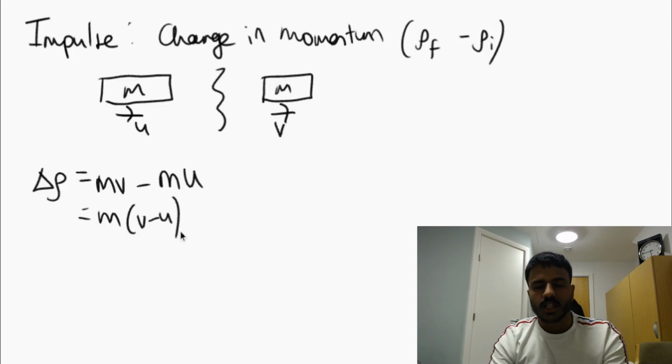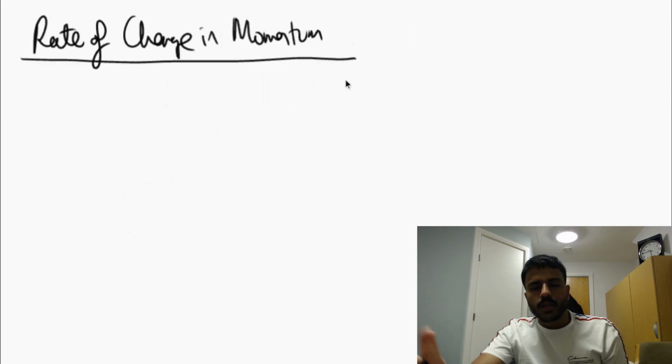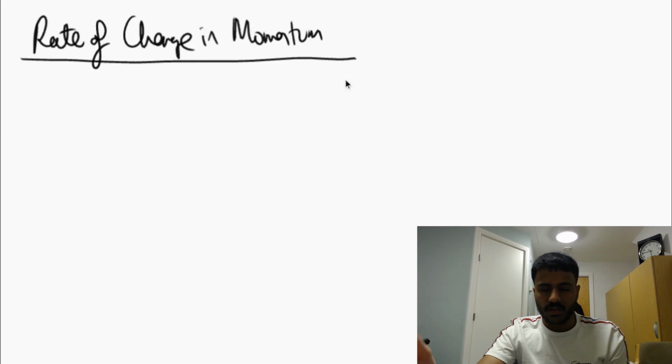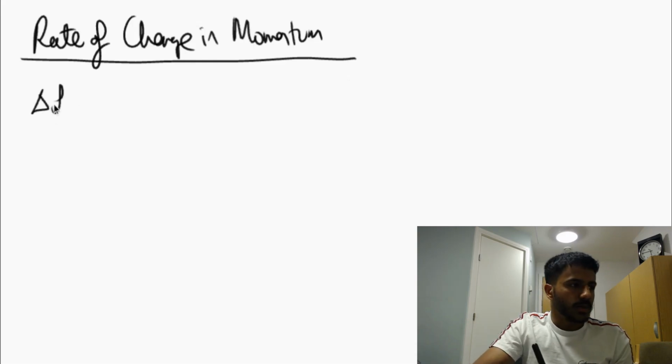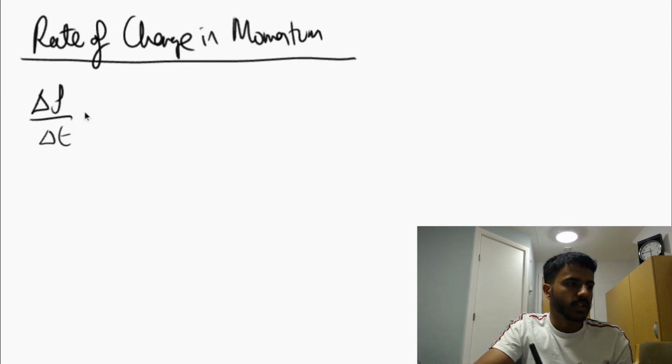Now, this is a definition that a lot of people often get wrong. Impulse is simply the change in momentum. Now, when you look at the rate of change in momentum, it is simply the change in momentum over the change in time, or your impulse over change in time. We know that this is going to be m times v minus u over t.